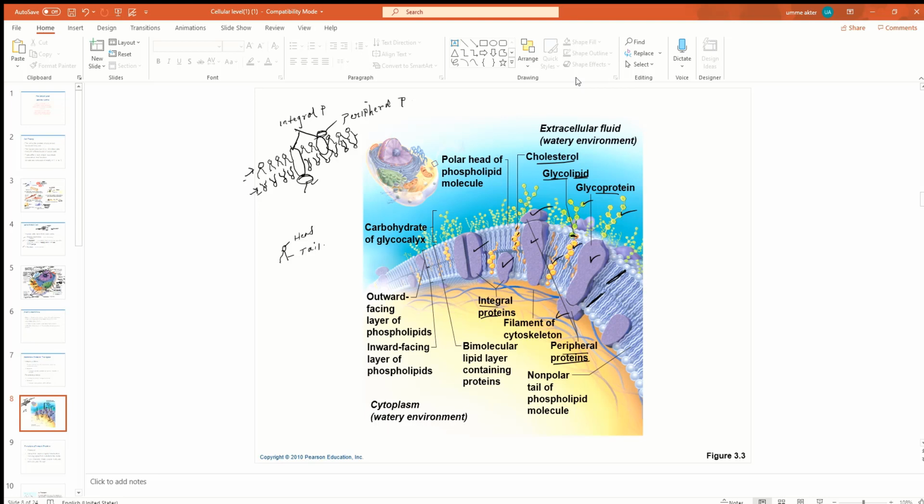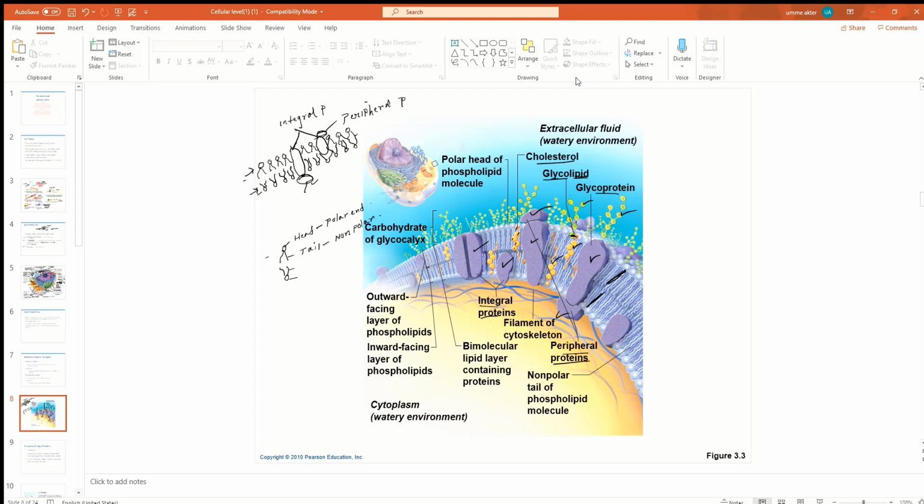The head part is water soluble, that means the polar end, and the tail part is water non-soluble, that means the non-polar end. Same way, this is another phospholipid, so this is the head, polar, and this is the tail, non-polar.